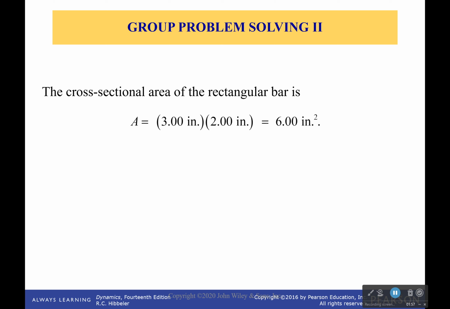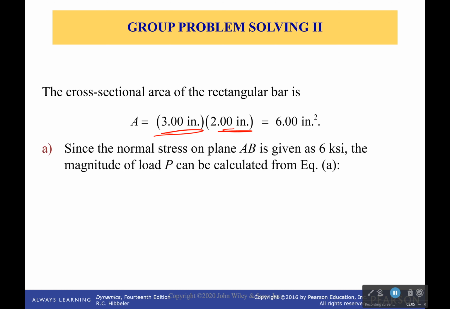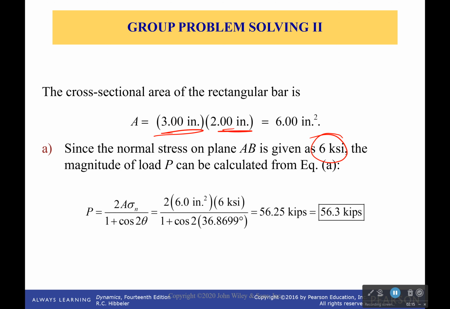Okay. Now we can get the cross-sectional area fairly simply. It's simply 3 inches times 2 inches, length times height, width times thickness. And we know what the normal stress on plane AB is, and it's given as 6 KSI. So using our earlier equation, we solve for the load.